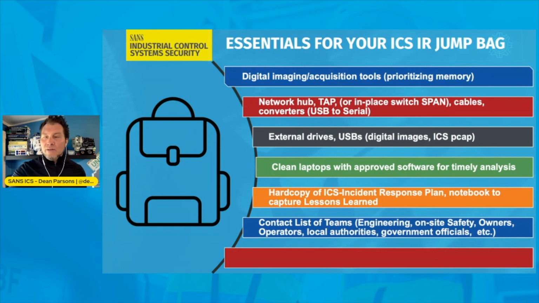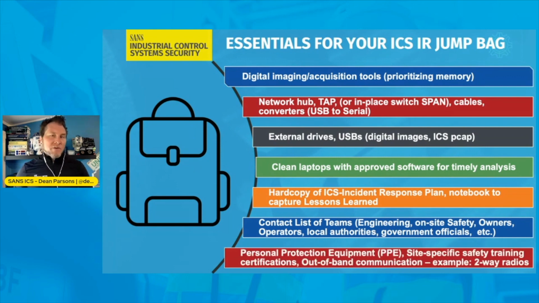Beyond that, and specific for control environments, is your PPE, personal protective equipment, without which you're probably not going to be able to step foot on site, let alone do incident response. In addition, a lot of sites do require you to already have, and your team have completed, safety-specific training for those sites.